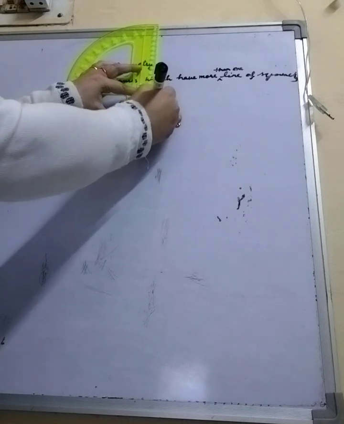So this is a square. Now you have to find the line of symmetry. That means the folds which would give you two identical overlapping parts.